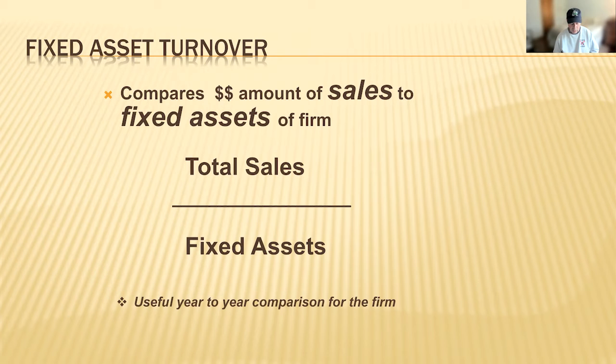And it's useful on a year-to-year comparison for the firm, just to see if your assets are, and your assets are going to be subject each year to depreciation. That's kind of a discussion for another time, but each year, not only for taxes, it is prudent to make sure that something that you buy for $1 million now presumably is not going to be worth as much as time goes on.